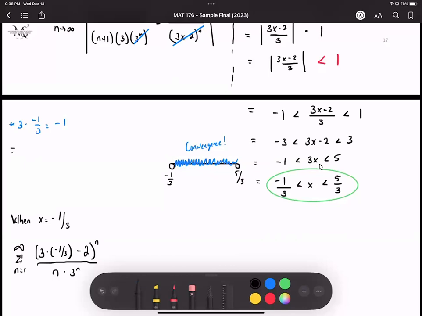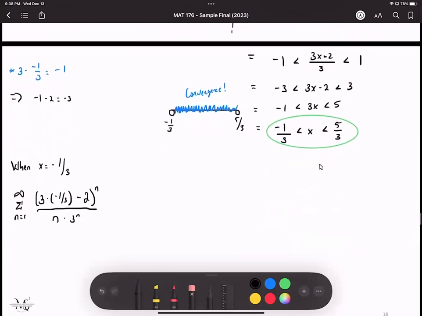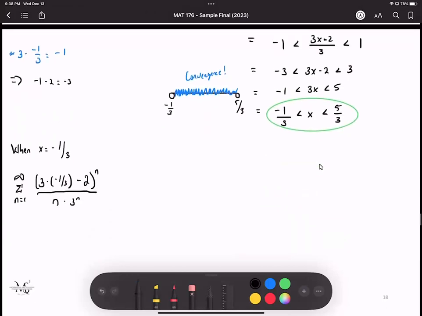Because if I do 3 times negative 1 over 3, that's negative 1. Negative 1 minus 2 is negative 3. But I don't want negative 3. Oh, no, that's fine. I think I could have the negative 3. That's okay. Yes, this is negative 3. I'm right. Okay. So, sorry about this.